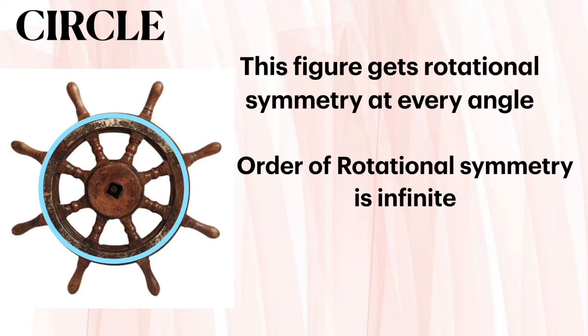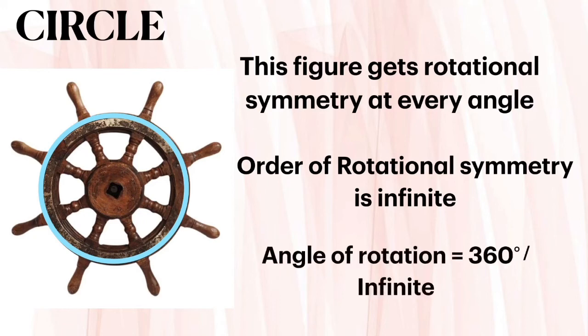Hence, its order of rotational symmetry is infinite. So, what about its angle of rotation? Angle of rotation becomes 360 divided by infinite. We know that when we divide any value by infinite, we get a very small value. So, we can say that this value is very close to 0.